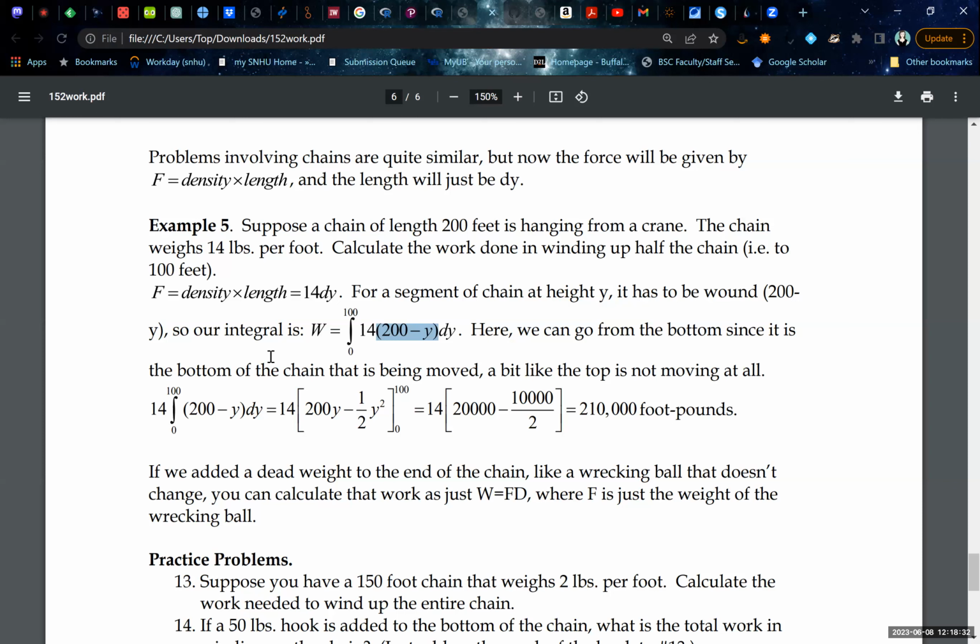Generally you want to think about essentially folding up the chain. So I find it helpful, in order to come up with your formula, to think about what happens if I fold up 1 unit of the chain, and then what if I fold up 2 units of the chain? What is the height that I've traveled to?